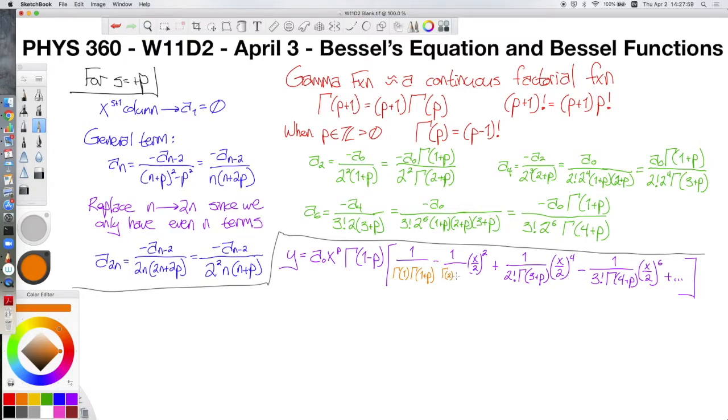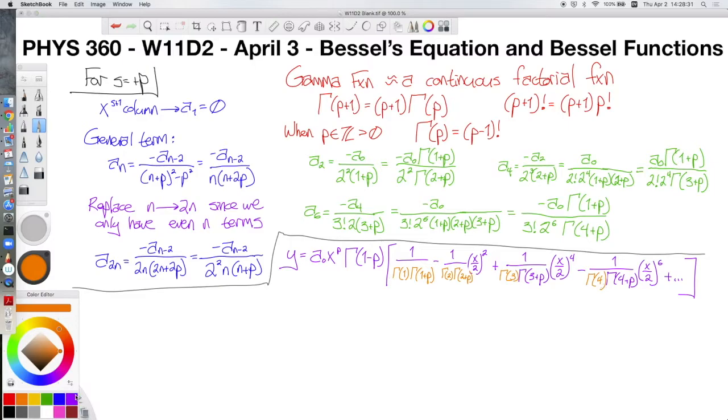Gamma of 2 is 1 factorial, times the gamma of 2 plus p. Well, now in our next term over here, we have this 2 factorial, and we can write the 2 factorial as the gamma of 3. And the 3 factorial in the next term, we can write as gamma of 4. So we have a nice repeating pattern in terms of our gammas.